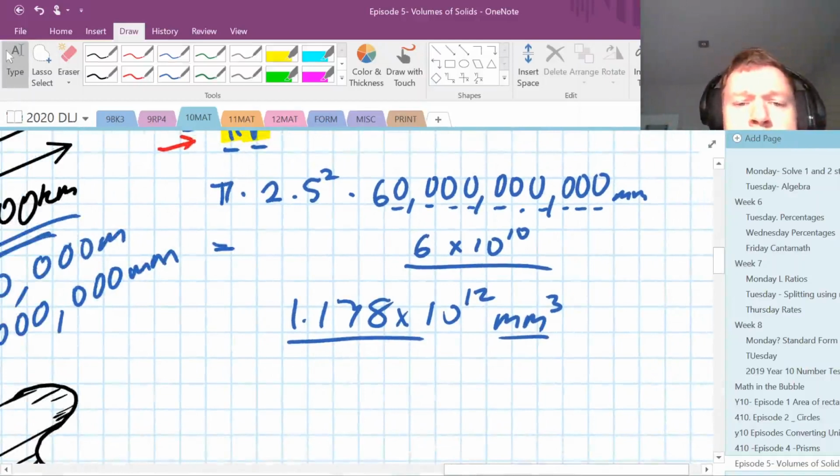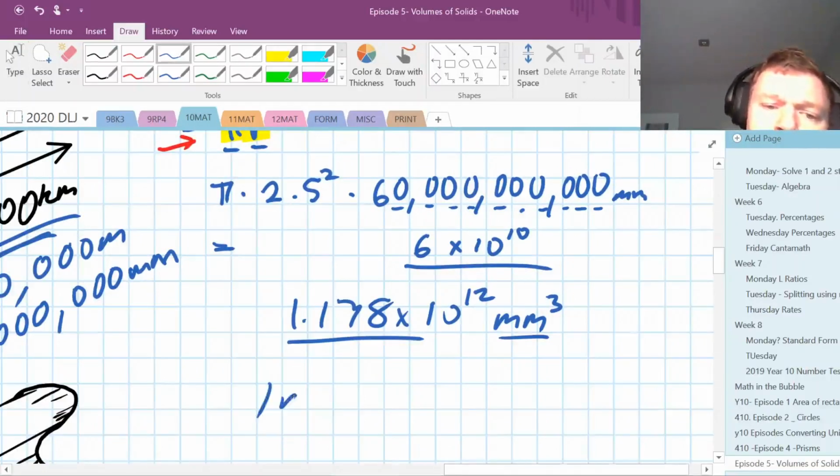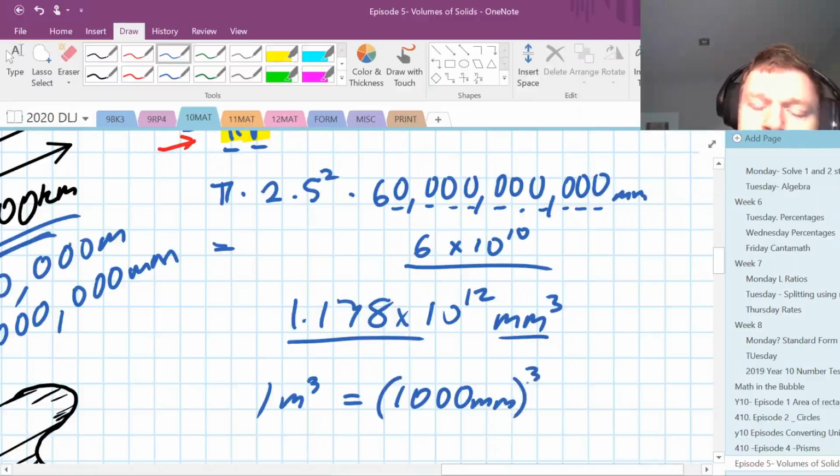So 1 meter cubed is going to be 1,000 millimeters times itself 3 times over. So that is 10 to the 9, because we've got 3 sets of zeros multiplied 3 times together.